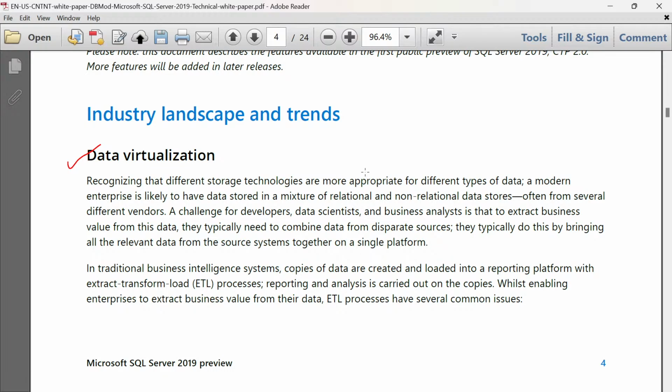So let's go through the white paper released by Microsoft. What does it say? Recognizing that different storage technologies are more appropriate for different types of data, a modern enterprise is likely to have data stored in a mixture of relational and non-relational data stores.